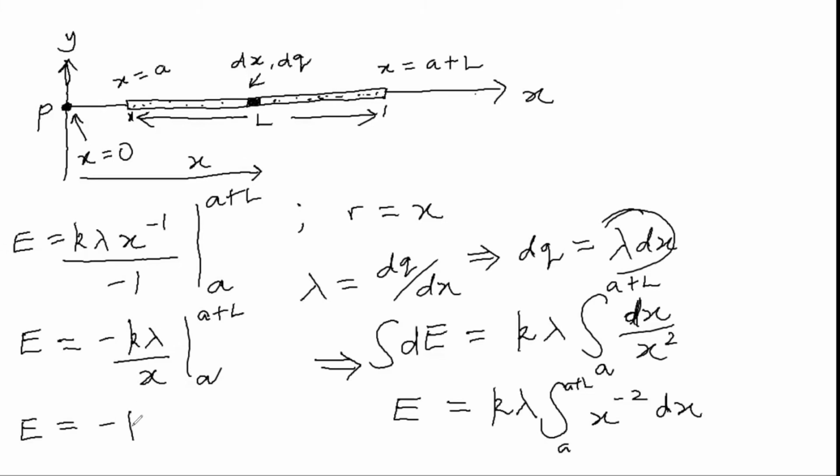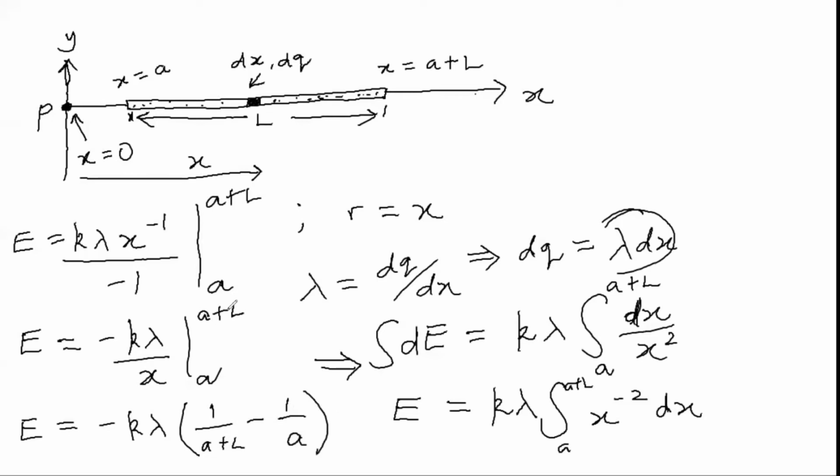Okay, let me just help you. You have this, and then what you have will be 1 over A plus L, and then minus 1 over A. Basically, I'm sure all of you understand what I've just done: I'm substituting the limit.